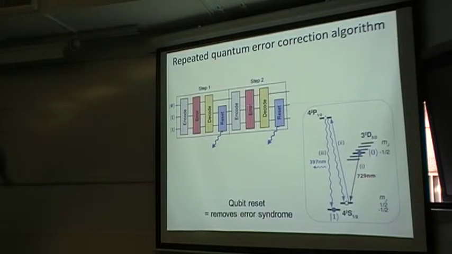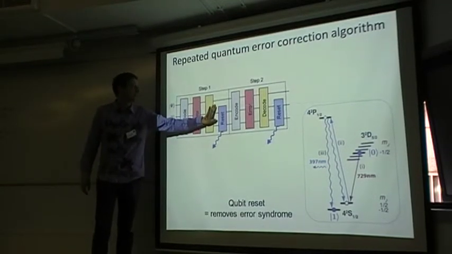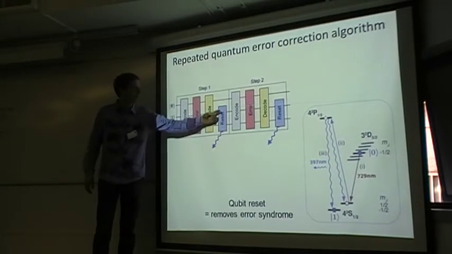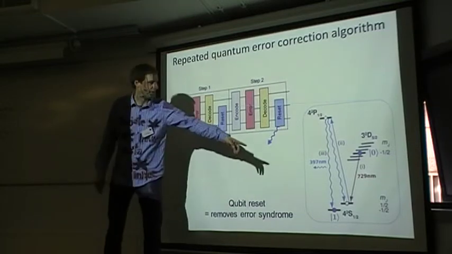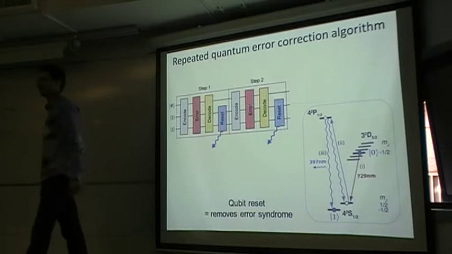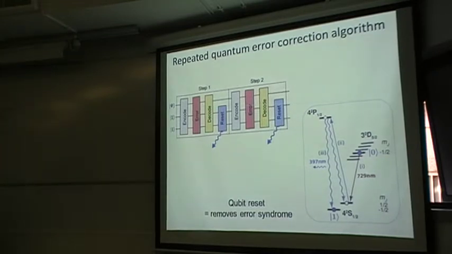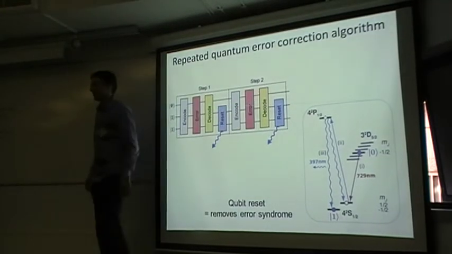So you encode now, do the error, decode, and of course to repeat that we have to reset our qubits, as we've discussed before. And the reset of our qubits, I already explained to you before, it's just this optical pumping back into the ground state. That's what you use for these two lines after the sequence, and repeat just the same.